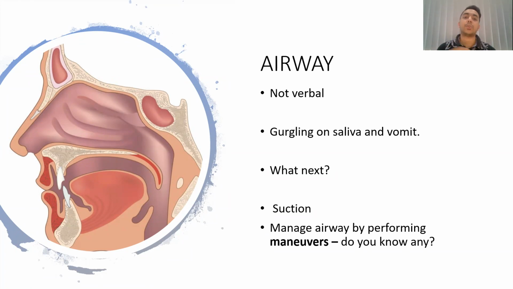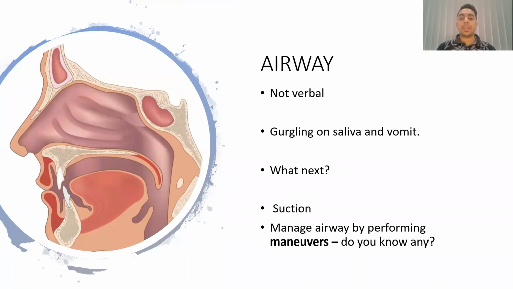That would suction out all the liquid and then clear out the airway. This would allow the patient to not gurgle and take deep breaths in and out through their mouth and through their nose. Does that make sense?